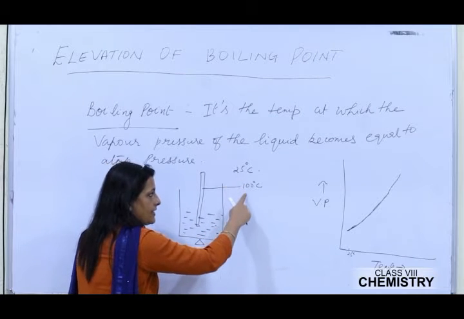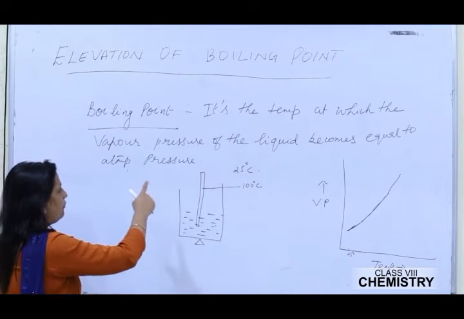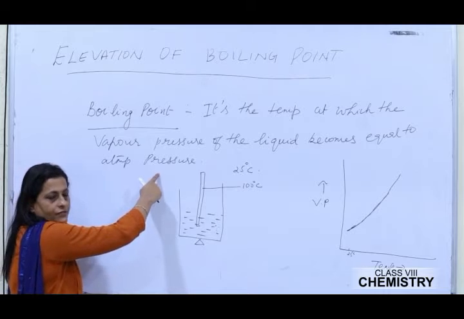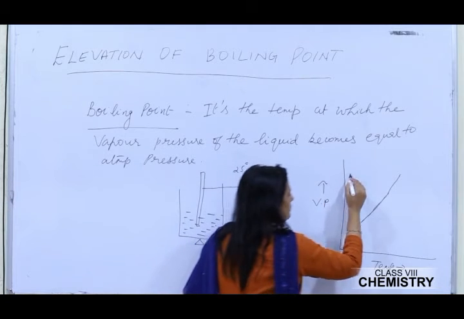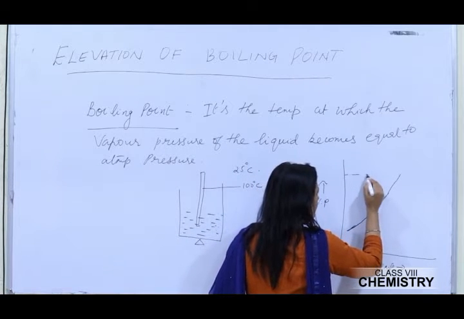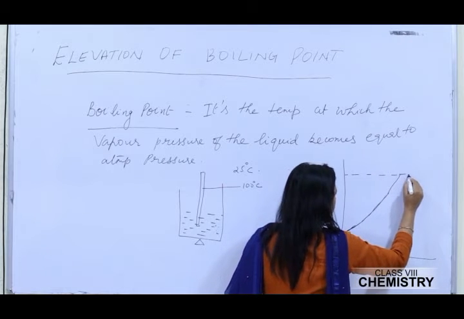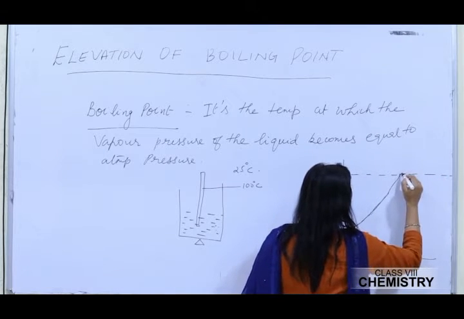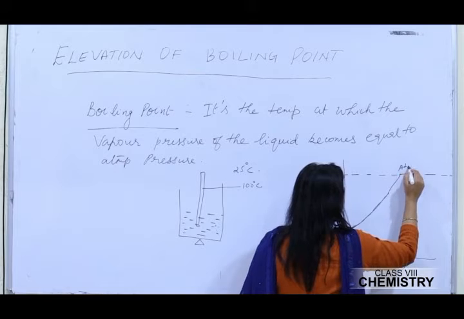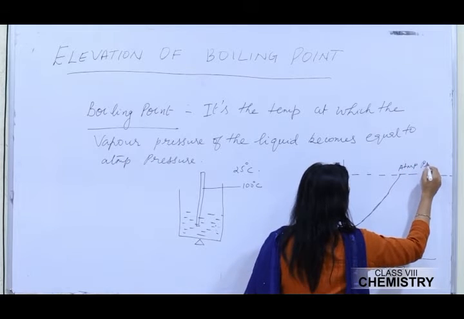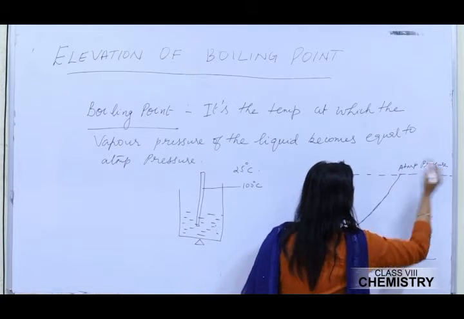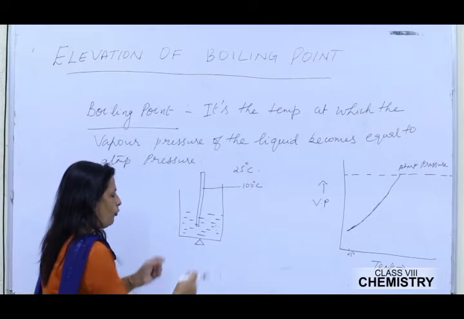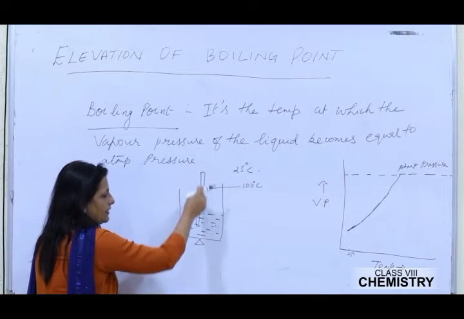At 100 degrees C, the vapor pressure of water is equal to atmospheric pressure. So this is 100 degrees C, and this dotted line represents atmospheric pressure. Is it clear? You are taking water in a beaker, placing a thermometer in it.